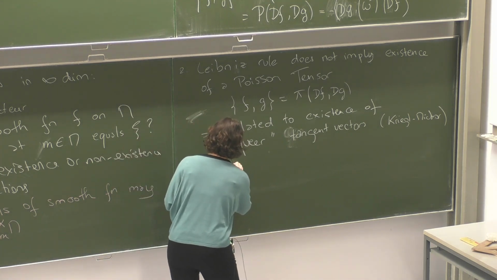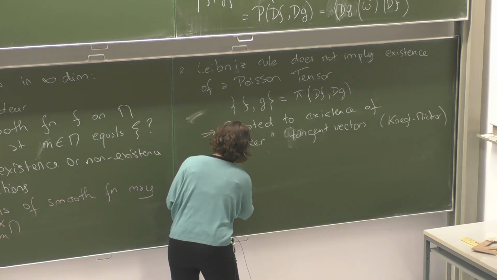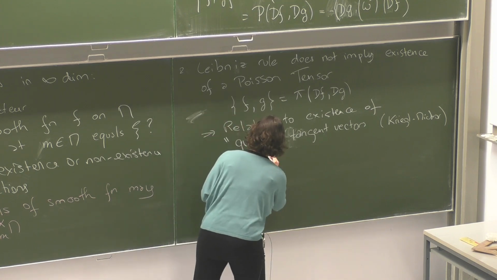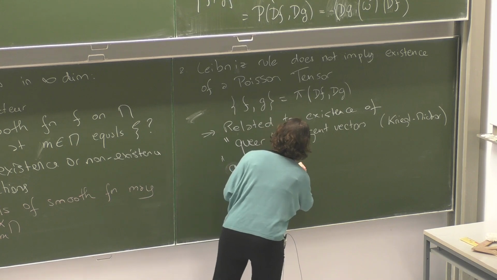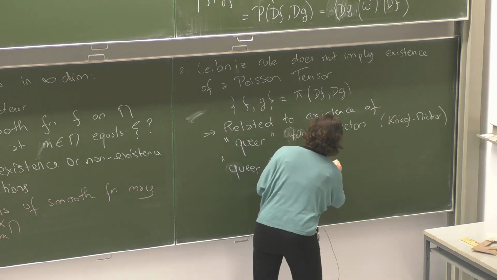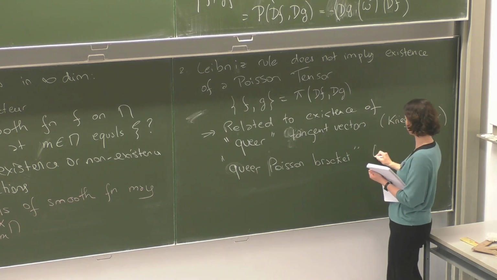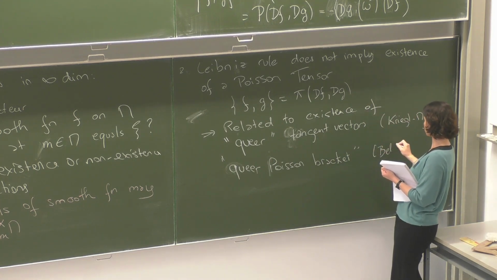These are now called here Poisson brackets. And the reference is a paper that we published with Daniel and Thomas.